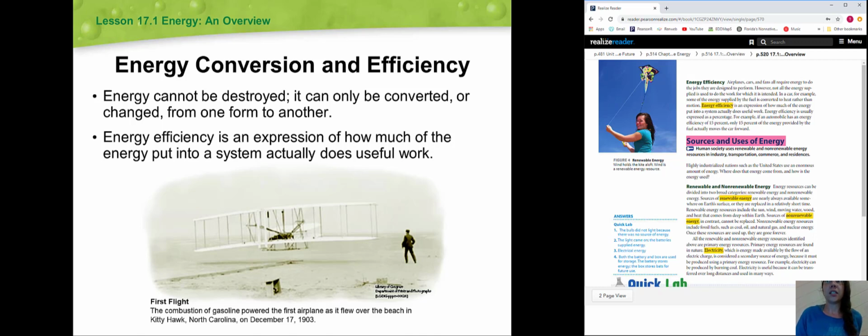Energy efficiency is an expression of how much of the energy put into a system actually does useful work. It is usually expressed as a percentage. For example, if an automobile has an energy efficiency of 15%, only 15% of the energy provided by the fuel actually moves the car forward.